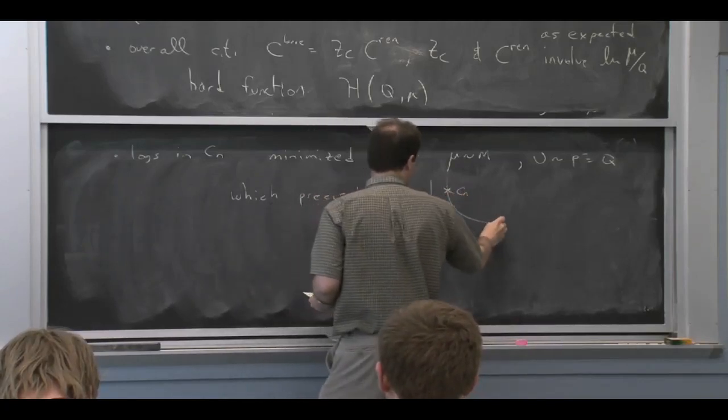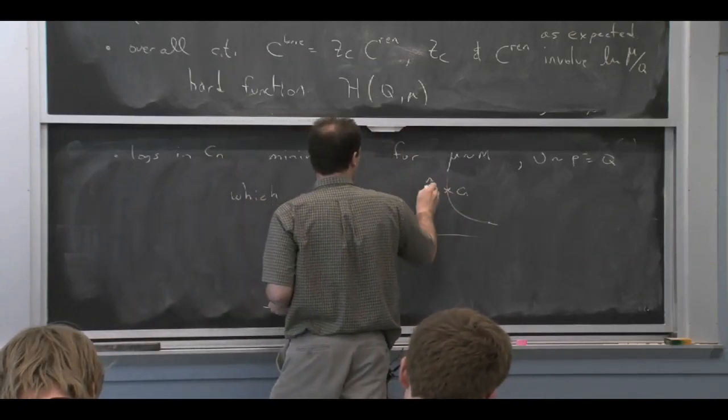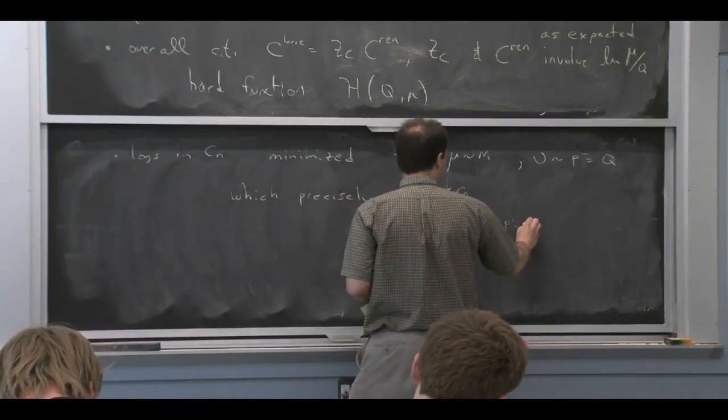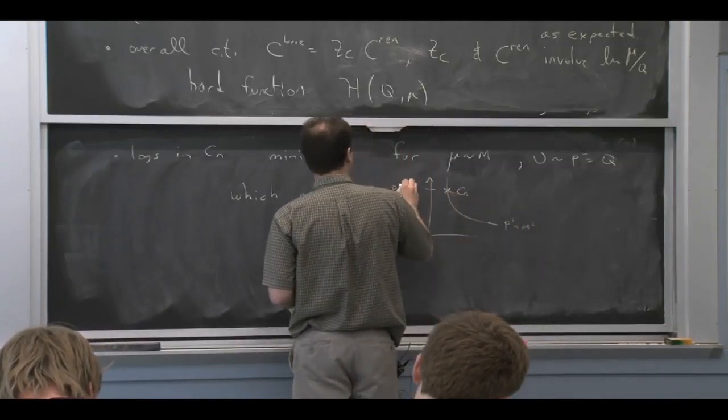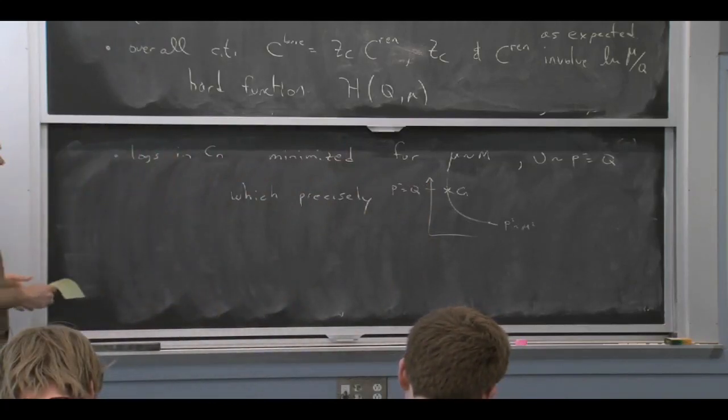So that's saying that we have a large p minus momentum, and we're on this hyperbola where p squared is order m squared. And it's likewise for the other pieces.